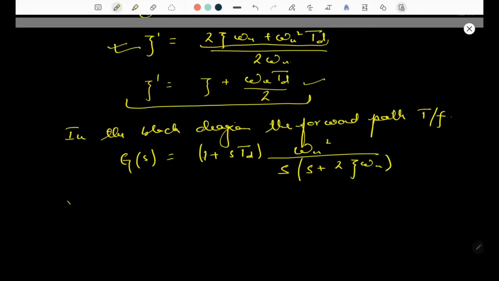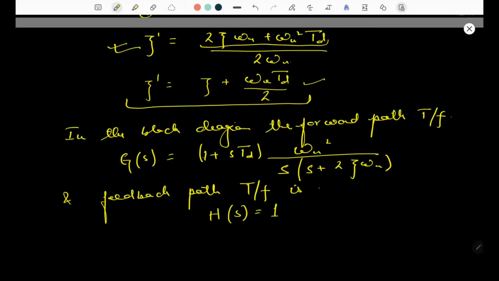And the feedback path transfer function H(s) is equal to 1.